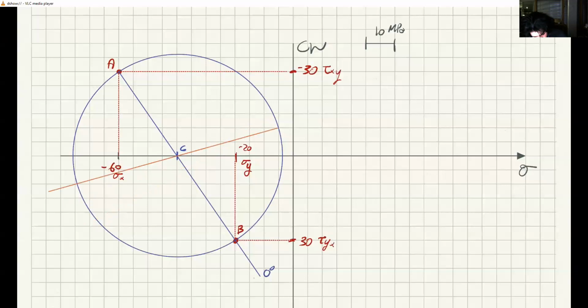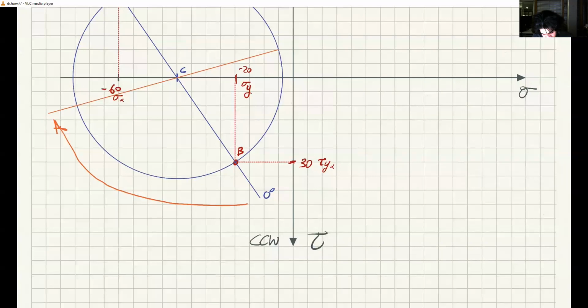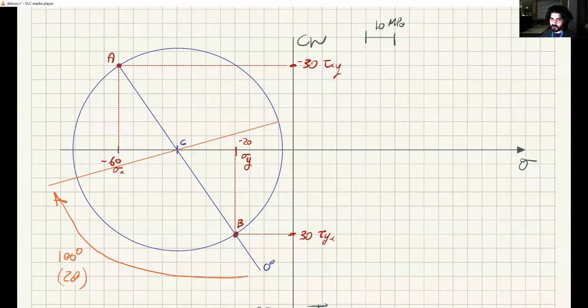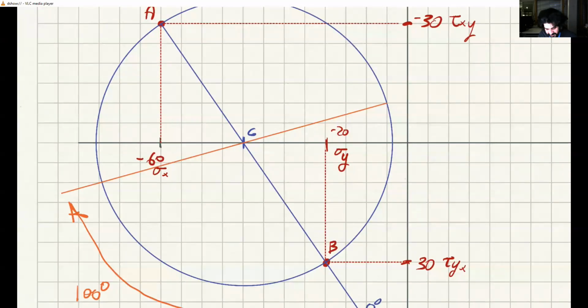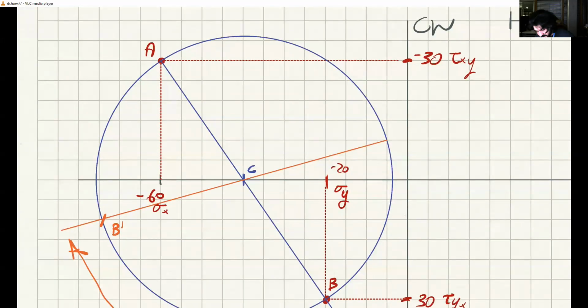So I'll say that this angle is 2 theta, 100 degrees. And of course, it's a clockwise rotation, so that's minus 100 degrees. And now that I'm here, this is my new point B prime. And this is my new point A prime.